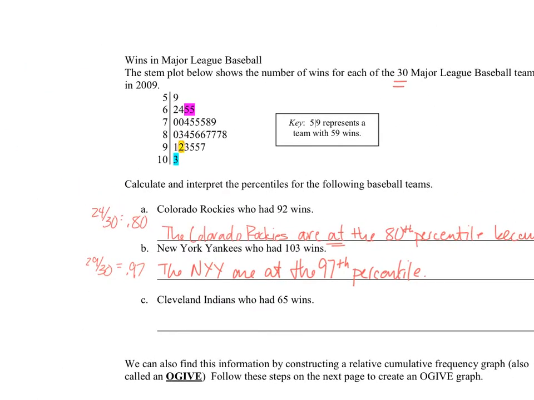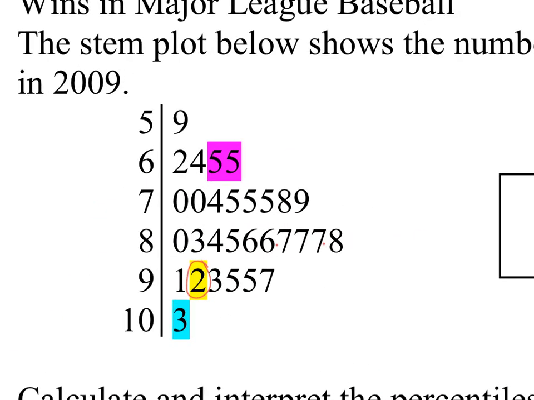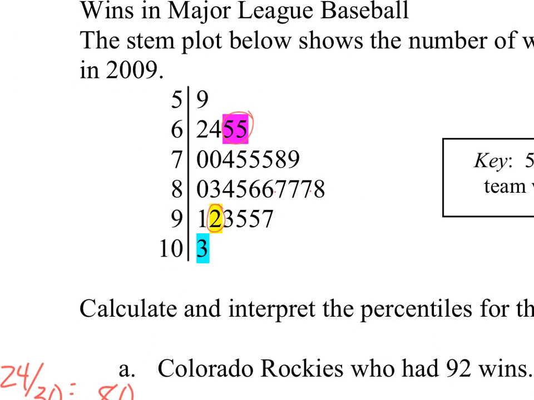And then finally, the Cleveland Indians. What happens if we have two of the same scores in a row? Well, that means that those teams are at the same percentile. So whatever two teams they are, the Cleveland Indians and the other one, both beat 3 out of the 30 teams. You might say the second 5 beat 4 teams and the first 5 beat 3 teams.